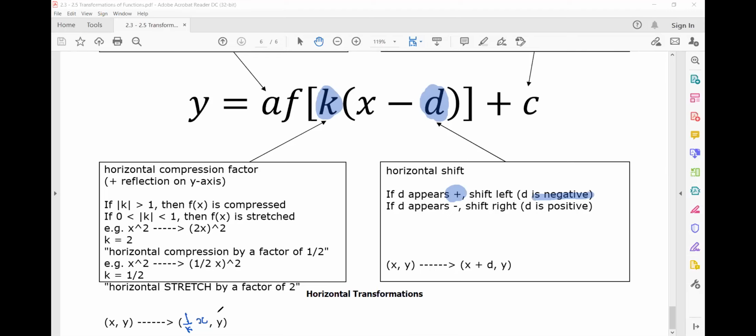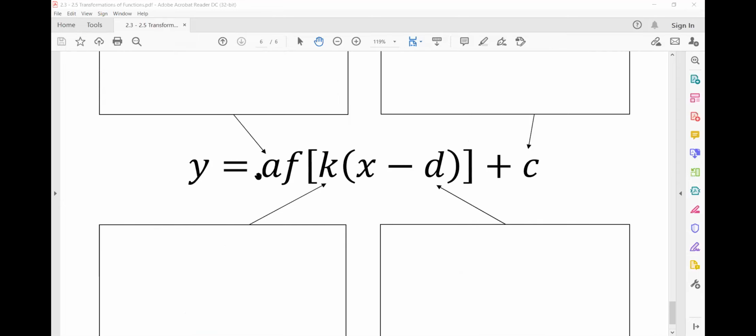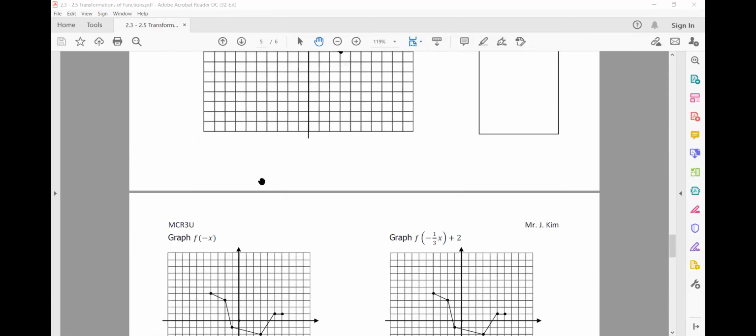What's a decent one we can start with? Let us go to, I think it's page 4. Let's go to page 4. It will give our first example, first sort of simple form of horizontal compression.